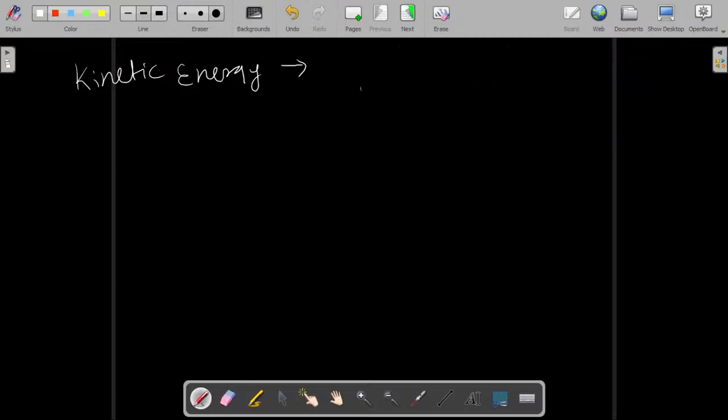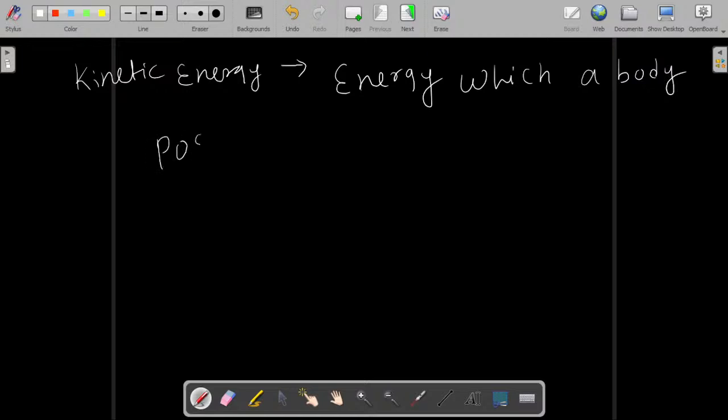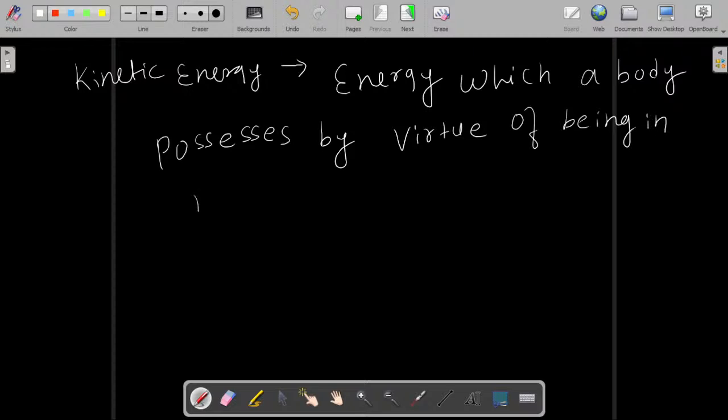Again you write: energy which a body possesses by virtue of being in motion.